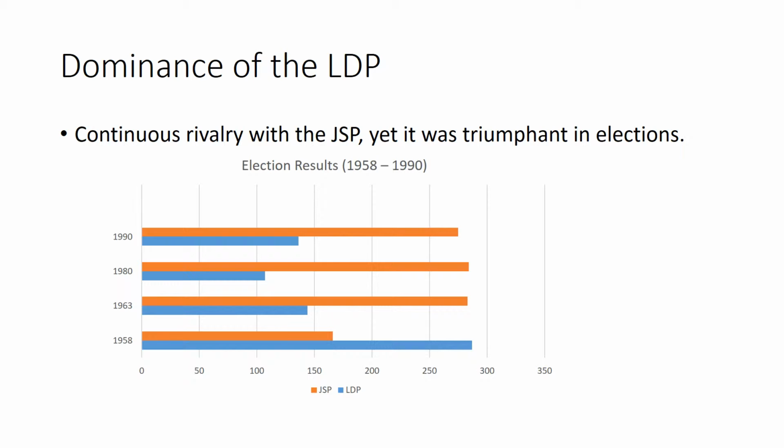Although it did decline during the 1960s and 70s, it did rise back to its supremacy in the 80s and into this present era. Although the votes declined within that period, we do know that the LDP is the actual winning government of Japan and the current government of modern Japan at the moment.